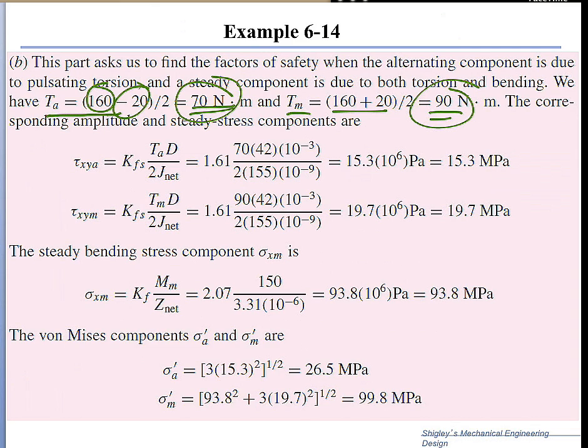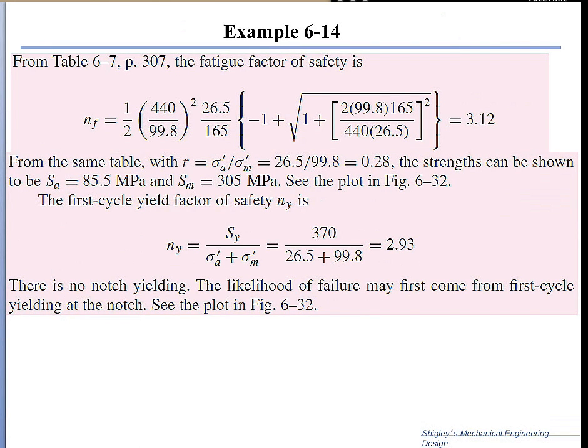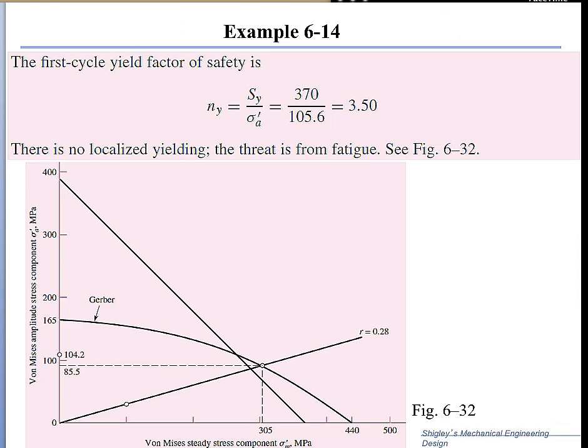And therefore, we are able to compute tau alternating and tau mean, including the stress concentration factors. And we can also compute the steady bending stress component. And from these, we are able to find the von Mises components, sigma alternating and sigma mean. And thus, we have to consider a load point as shown here in this example, where the load point is right here.